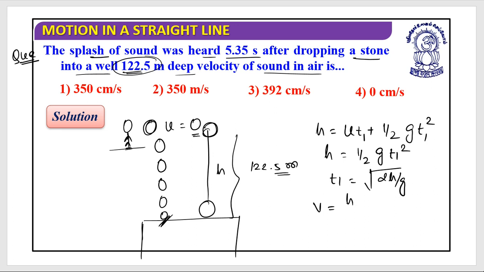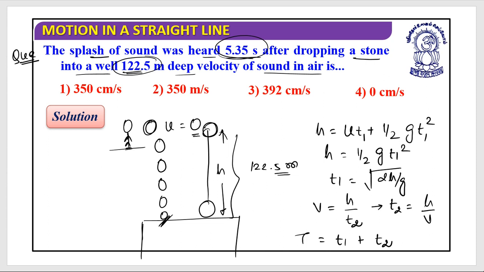Here my distance is h, it's 122.5, but keep it as h. v is equal to h by t2. So this t2 should be equal to h by v, and my total time, that is given as 5.35 seconds, would be the summation of these two. So t should be equal to t1 plus t2. I hope these things are clear to you.